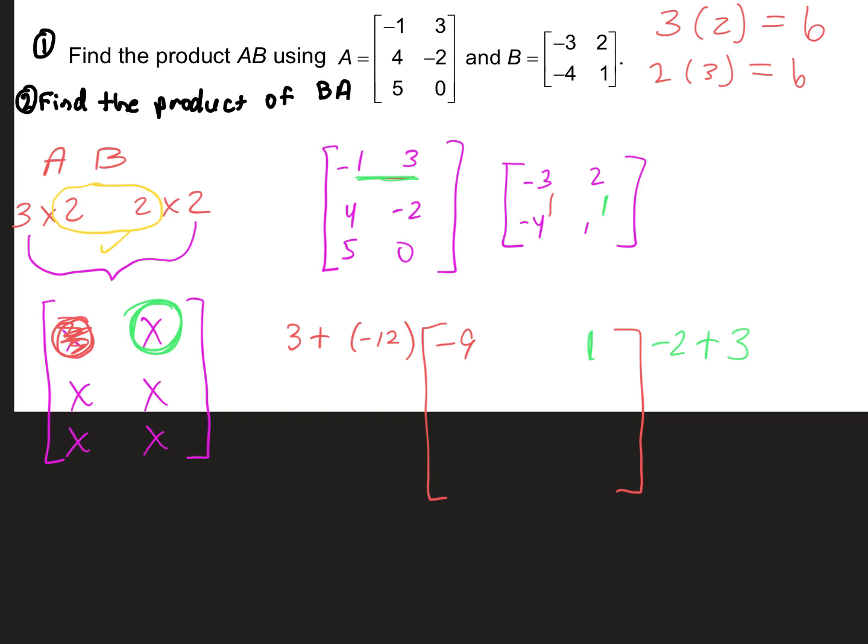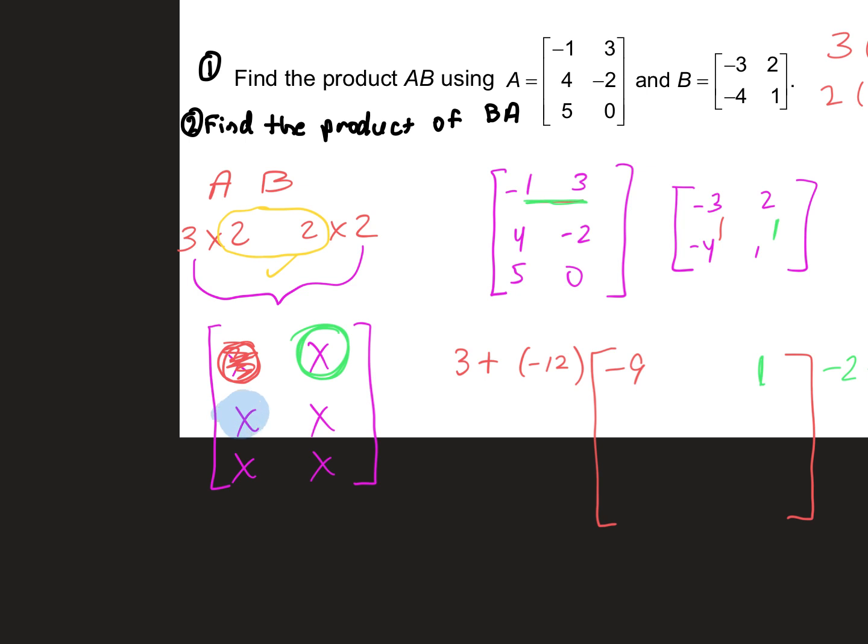All right, let's look at the next one. I'll do a highlighter. I want to find this piece right here. All right, I'm talking to Heaven. Where is that blue dot located? 4. Okay, but what row, what column? Tell me. It's the 2nd row, 1st column. Do you see the numbers that I'm talking about? They're highlighted in blue. This is helpful if you guys have highlighters. I'm looking at 2nd row, 1st column.